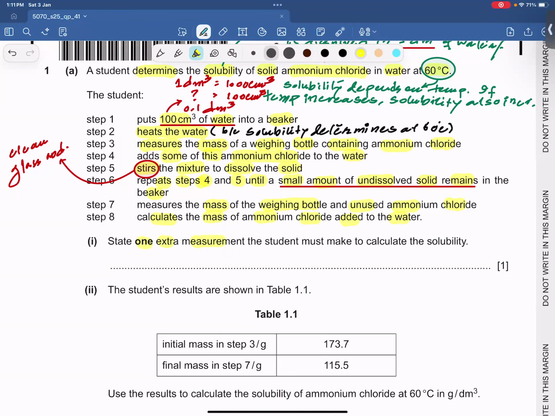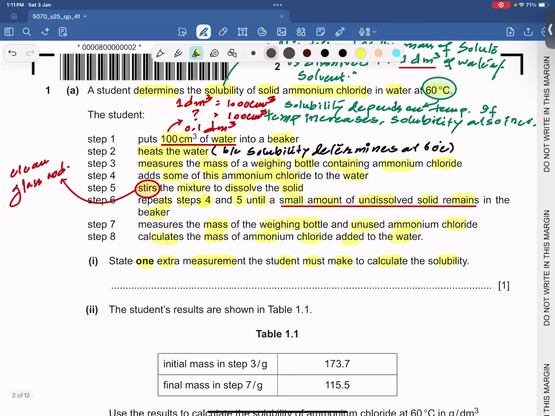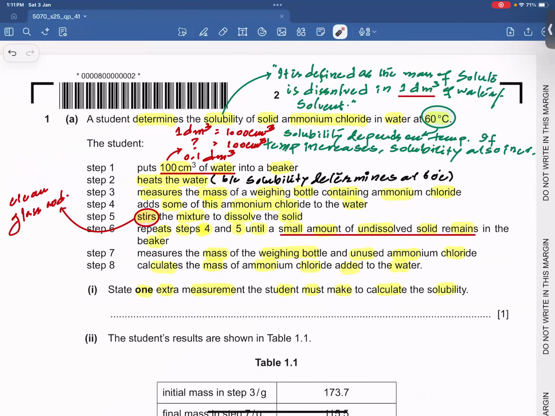State one extra measurement the student must make to calculate the solubility. I've told you that the examiner is looking for the solubility of ammonium chloride at 60 degrees Celsius. In the entire procedure, the examiner didn't mention the temperature, which means we need to measure the temperature.